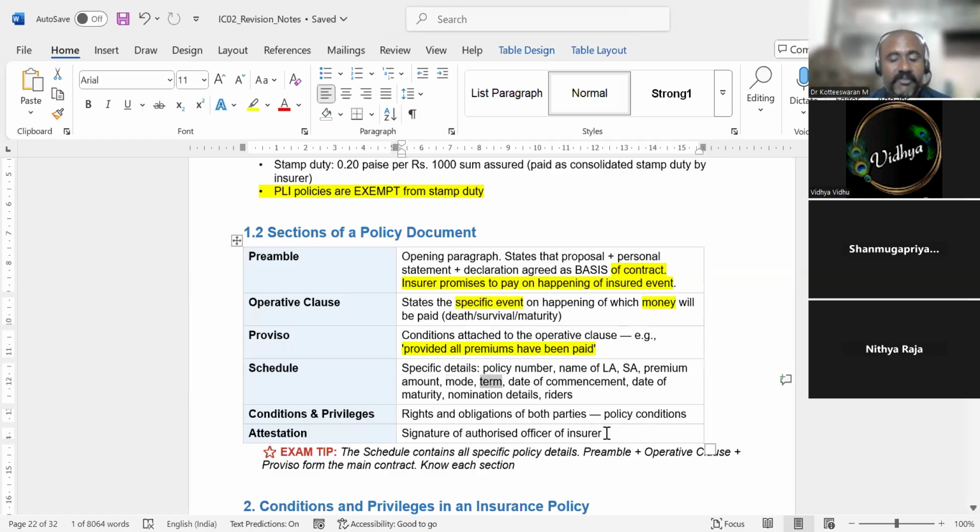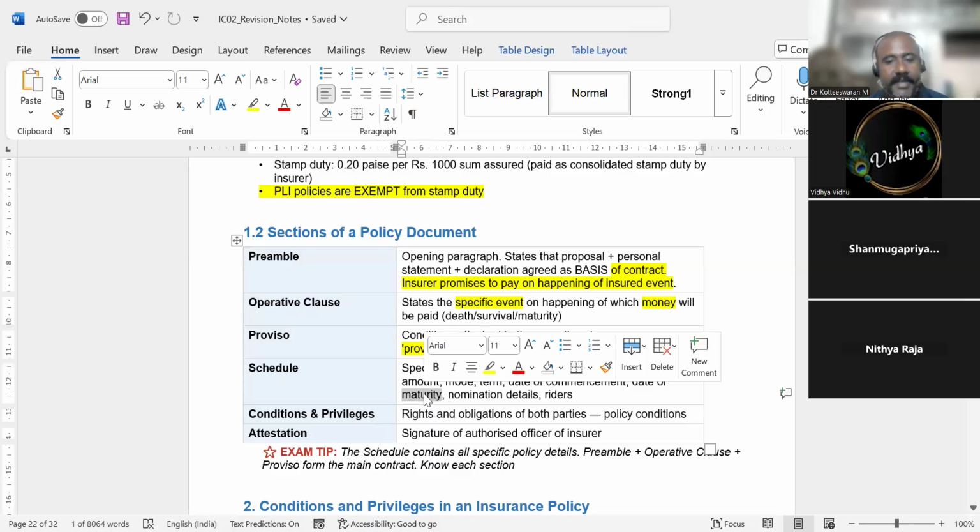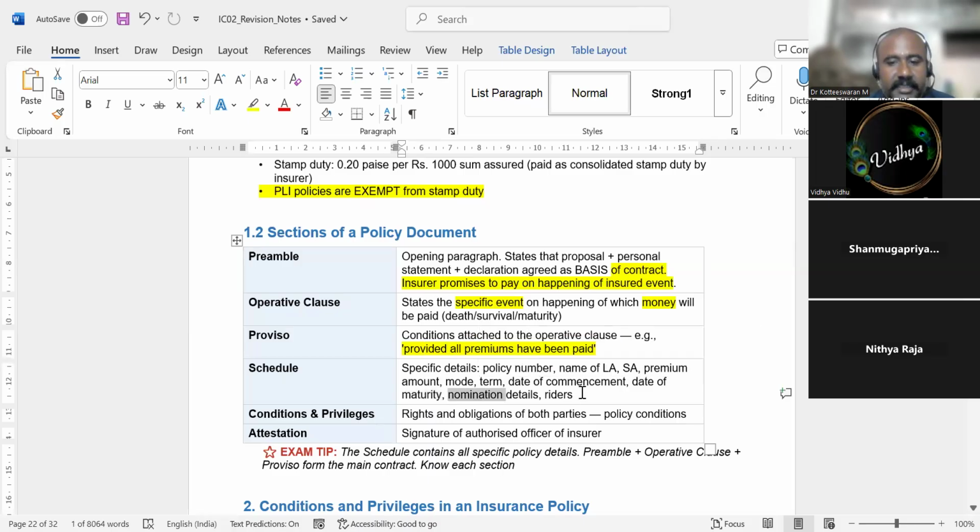It also has the policy term, whether 5 years, 10 years, or 15 years, date of commencement, when the policy has started, date of maturity, when the policy is going to end, and nomination details. If you are not alive, who is the next nominee? And what are the riders? Riders are any additional things purchased, like accidental death benefit rider or critical illness rider. It will be attached, so it will be on the schedule.